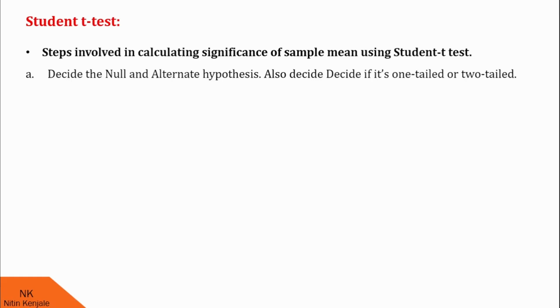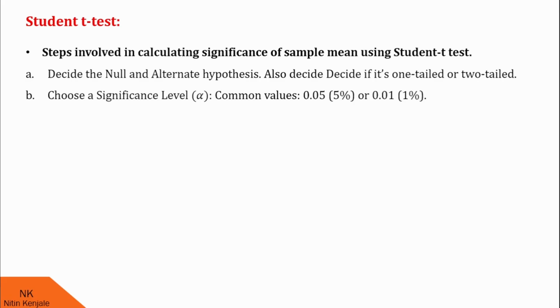Now let us proceed to see the steps involved in calculating the significance of the sample mean using student t-test. In step 1, we decide the null and alternative hypothesis, that is H0 and HA. We will also decide if it is a one-tailed or two-tailed test. We choose a significance level alpha in step 2. The common values for alpha are 5% and 1%.